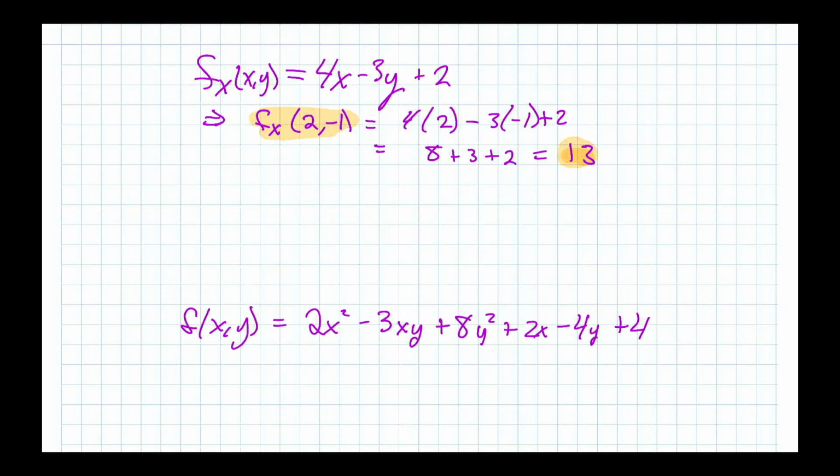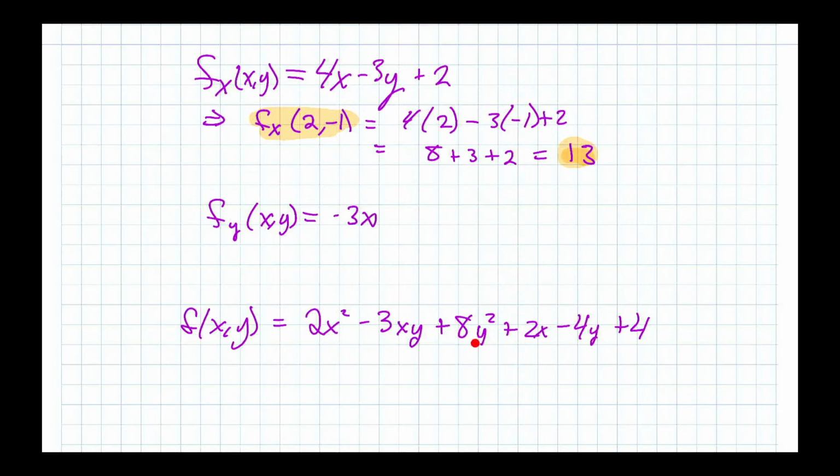All right, so we're going to move on and do the y derivative. Let's move this a little bit out of the way again. We also need fy, so fy of x and y. So now we're going to go back and do a y derivative here. The derivative of 2x squared with respect to y is 0. The derivative of negative 3xy with respect to y is negative 3x.